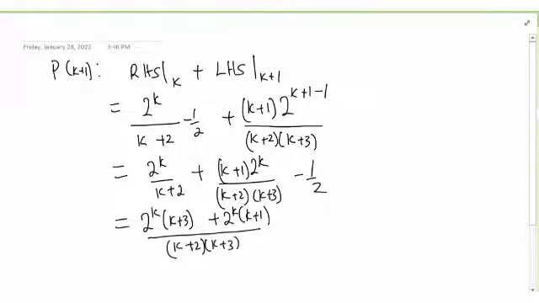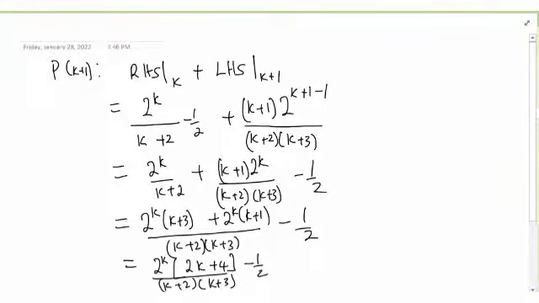So here we use k plus 2 times k plus 3 as the LCM minus half, and that gives us 2 to the kth power into 2k plus 4 when we factorize there, divided by k plus 2 into k plus 3 minus half.